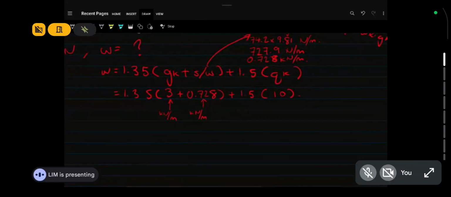So this is your permanent load. This is your variable. So 1.35 times permanent plus 1.5 times variable. Now permanent is your GK, but also your self weight.